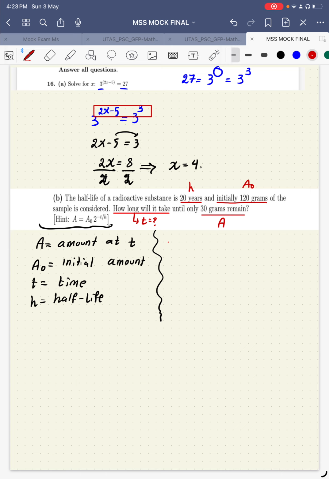So now let's write the given. A equal 30 grams, A0 equal 120 and H equal 20 years.